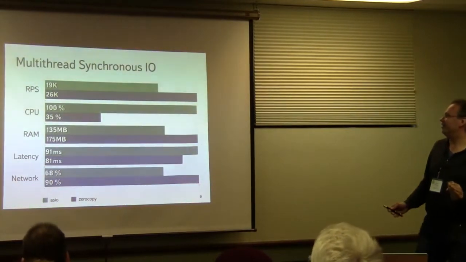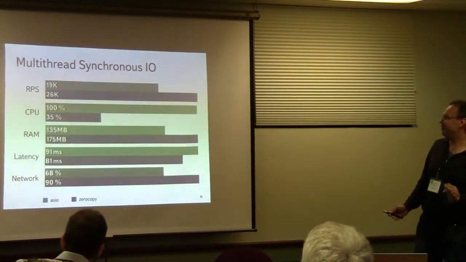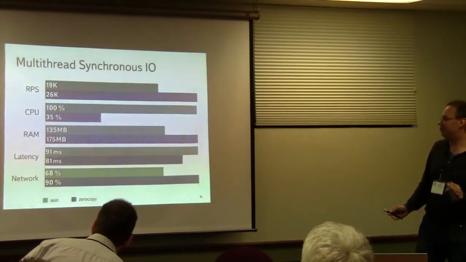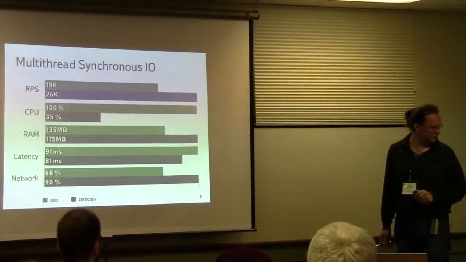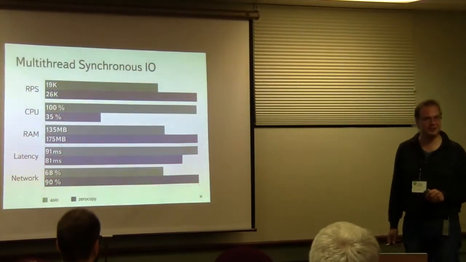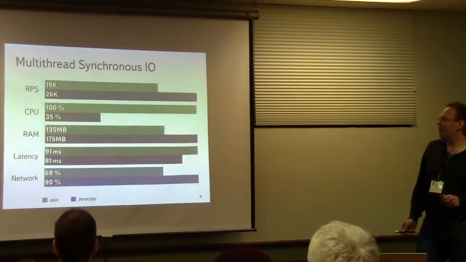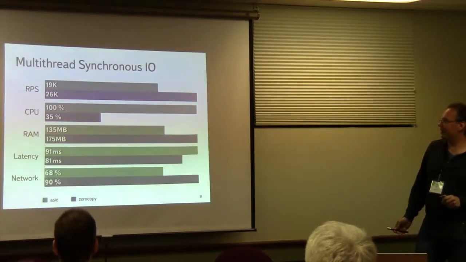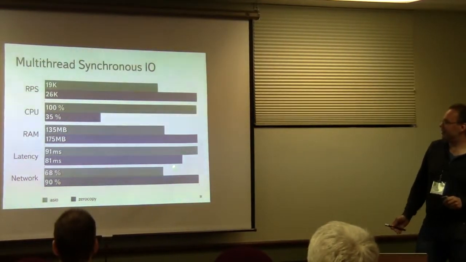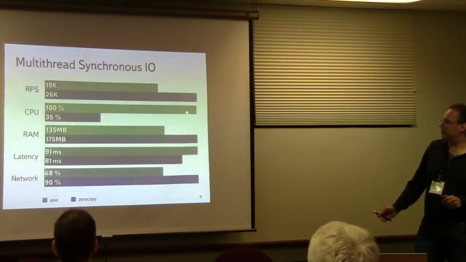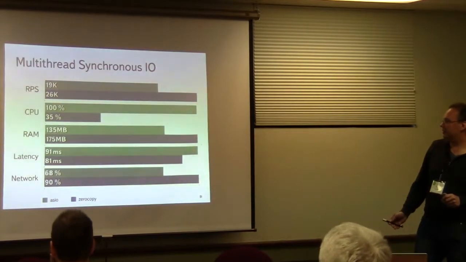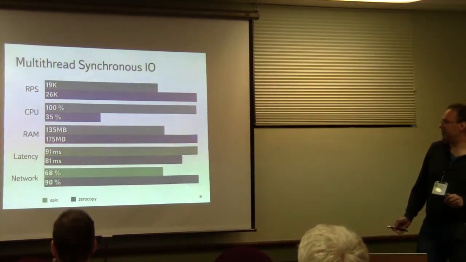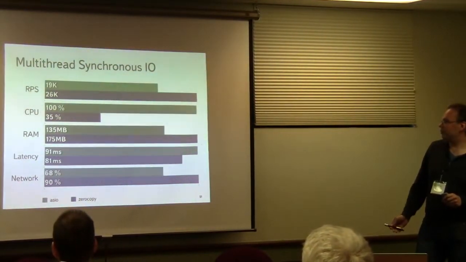Here is the first model, multi-threaded synchronous input-output. It's when we create one thread per connection. And here we can see that we hit the limit on the Asio stream buffer in the CPU, and we are near to hitting the network limit with zero copy.